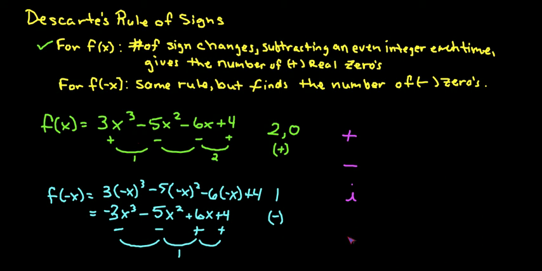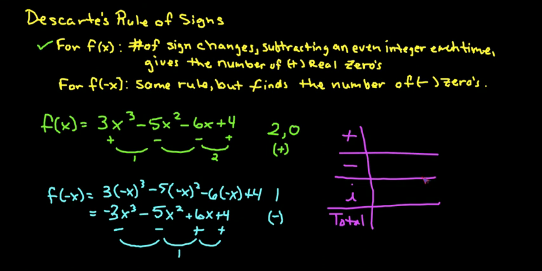So I'll set up my chart this way, and then I can use this to find any combinations that I get. So one combination that I got was 2 positive with 1 negative. But I also had to look at this combination, 0 positive with 1 negative.